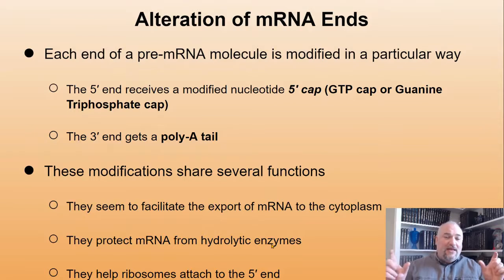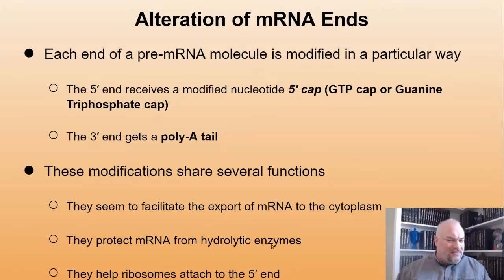So each end of the pre-mRNA molecule is modified in a particular way. The 5' end gets something called a 5' cap, or a GTP cap, or a guanine triphosphate cap. They're all the same thing, just different names depending on where you're reading about them. I've seen all three in AP stuff. The 3' end gets a poly A tail, so lots of A's, lots of adenines.